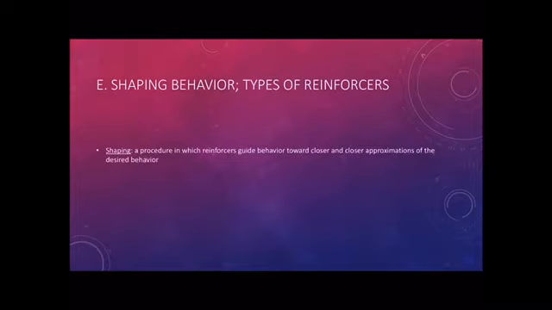And then shaping is where you are trying to get a specific behavior to happen from an animal or a child. As that child or animal gets closer and closer to the behavior you want them to do, you reward them along the way. And there is something that we call successive approximations. I want you to write that down here.